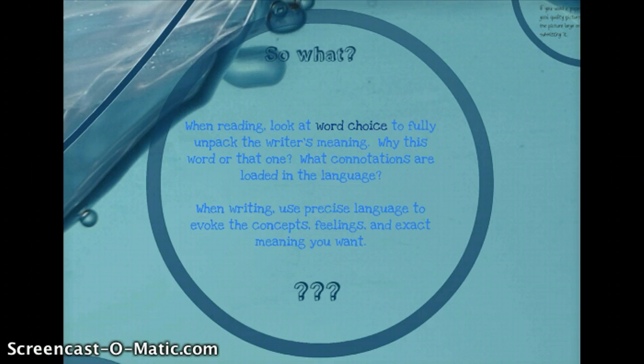What connotations are layered into the language? When you're writing, you have to consider the connotations of the words that you use. This applies to speaking as well. You have to understand that these words are going to have emotions or images or ideas attached to them, both for you and the people you are communicating with. And so it's important to take that into consideration before you just plop a word into what you're writing.